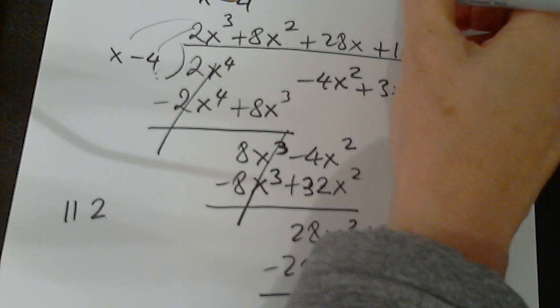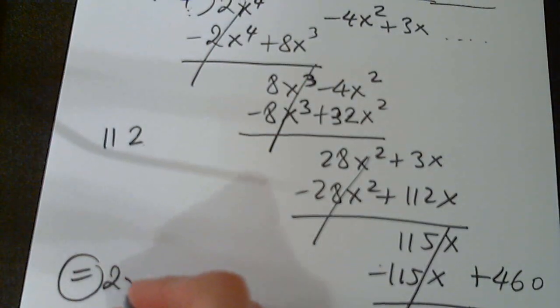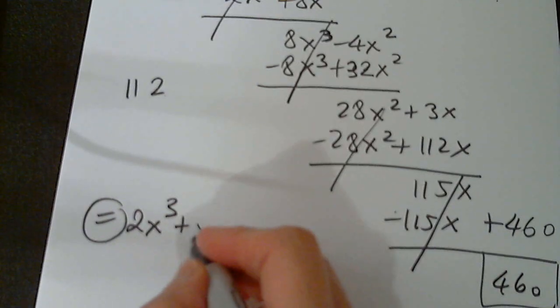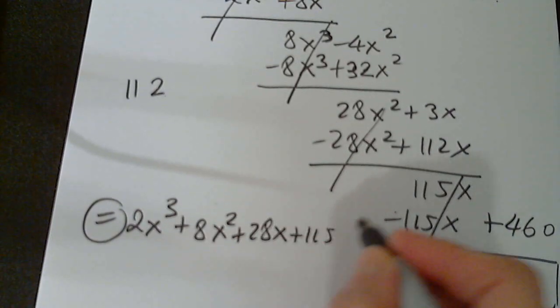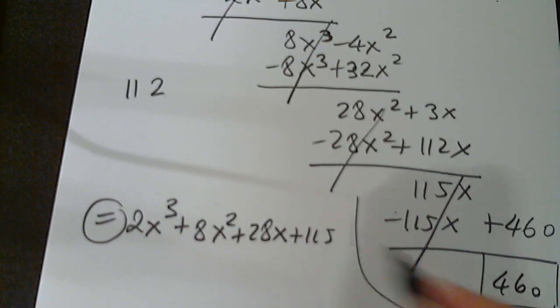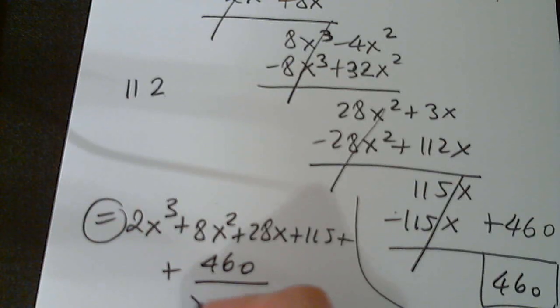So then the answer would be the quotient, 2x cubed plus 8x squared plus 28x plus 115, and then plus 460 divided by x minus 4.